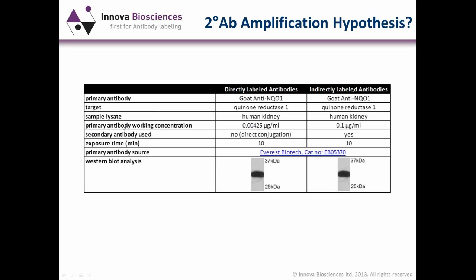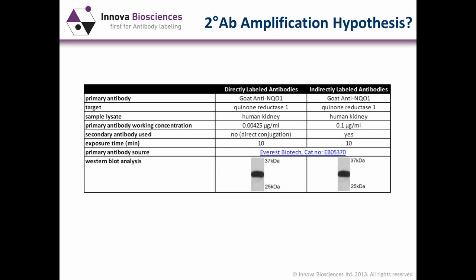And if you note here, the directly labeled antibody is diluted significantly more than the indirectly labeled antibody. And if you observe the intensity of the signal, you'll observe that the directly labeled primary antibody is equivalent to the indirectly labeled antibody with the secondary antibody.